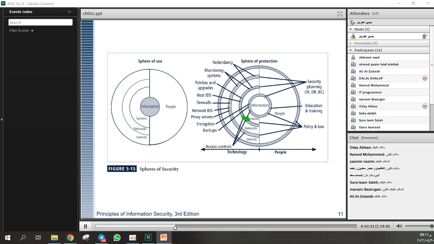When I'm talking about the relation between network and systems, I can use access control technology, host IDs, patches and upgrades, monitoring systems, and redundancy.